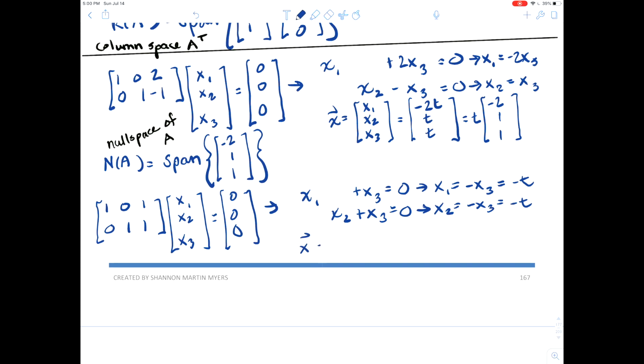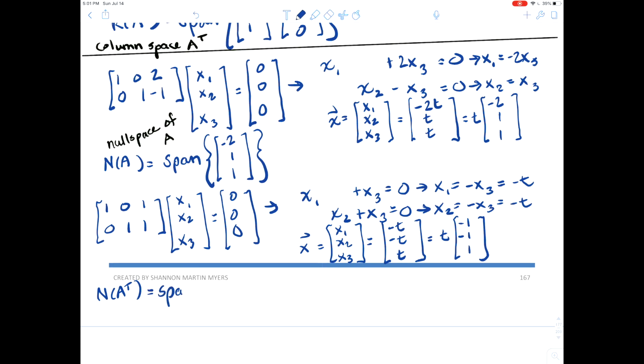So our x will be negative t, negative t, and t, which is t times negative 1, negative 1, 1. So the null space for A transpose is going to equal the span of negative 1, negative 1, and 1. That's in a set. Groovy?